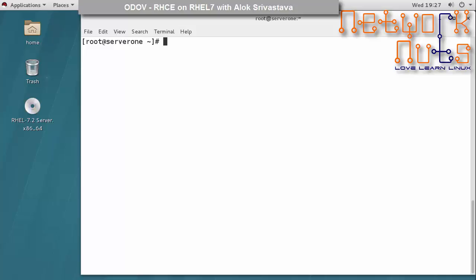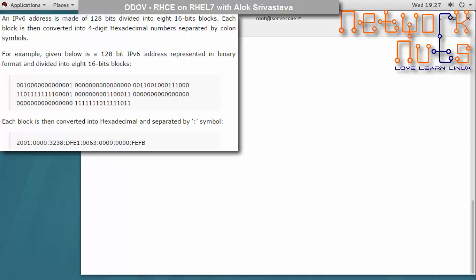As you can see on the screen, an IPv6 address is made of 128 bits divided into 8 16-bit blocks. If I convert each block into 4-digit hexadecimal numbers, they are separated by the symbol colon.